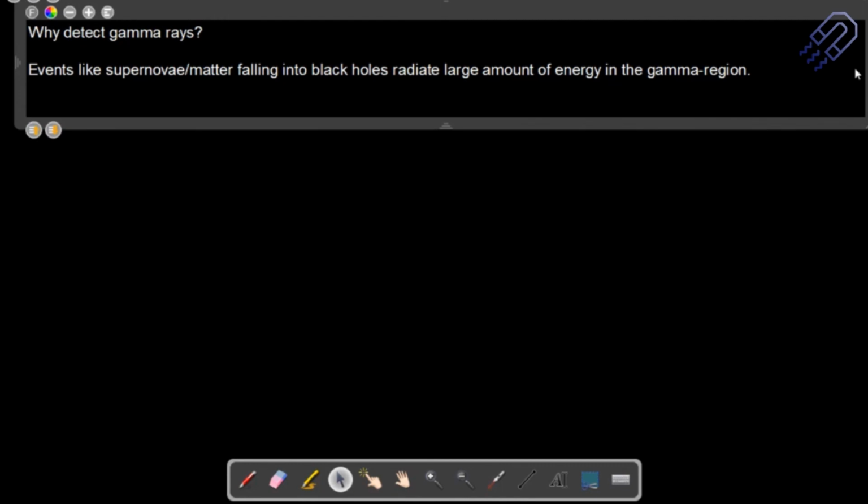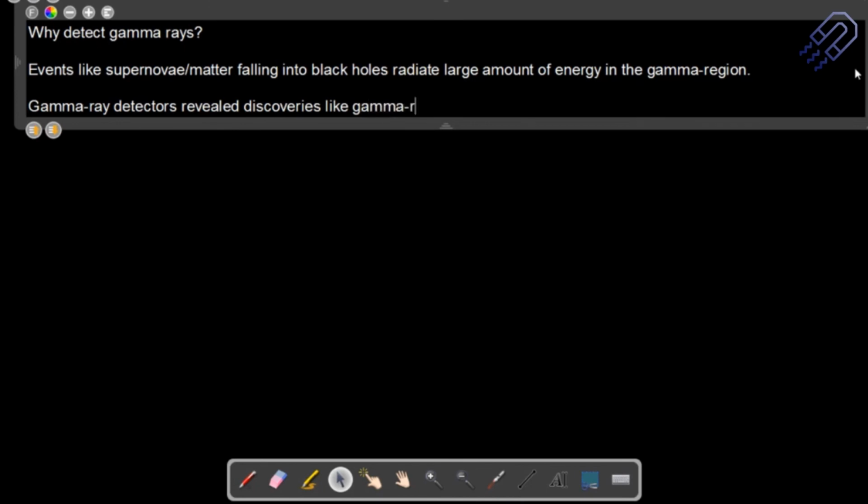Techniques like gamma ray detectors have helped us reveal a lot of information. Gamma ray detectors revealed discoveries like gamma ray bursts.